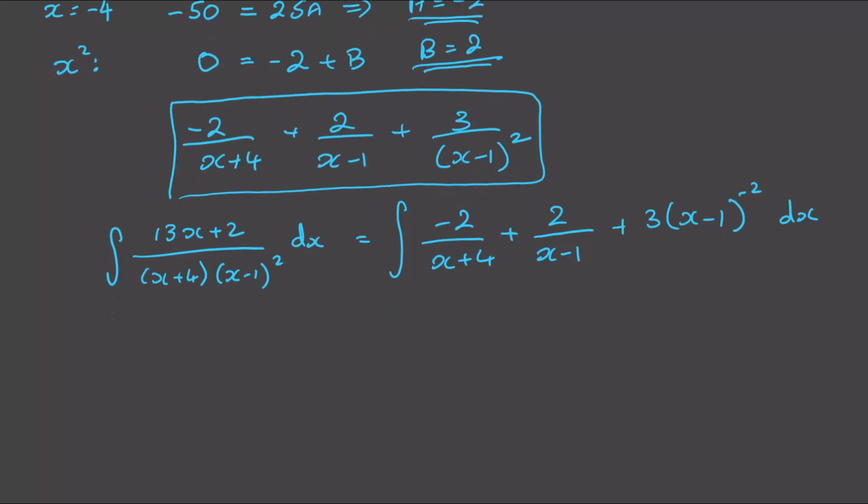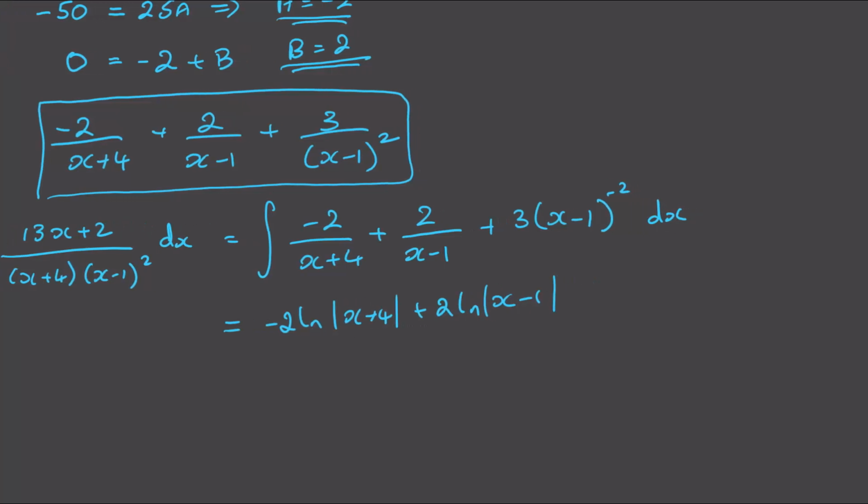Now the first two terms are going to give us logs. So we've got negative 2 ln|x + 4|, and then we've got plus 2 ln|x − 1|, and then the third term is going to give us 3(x − 1) to the negative 1 over negative 1 plus a constant.